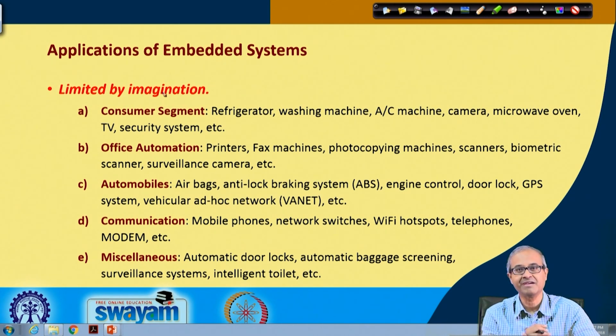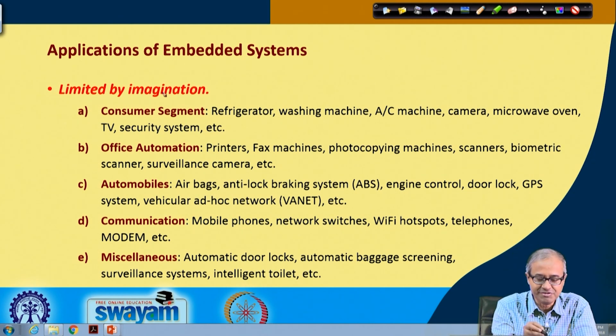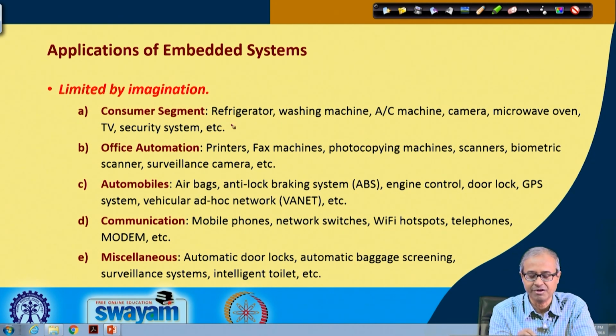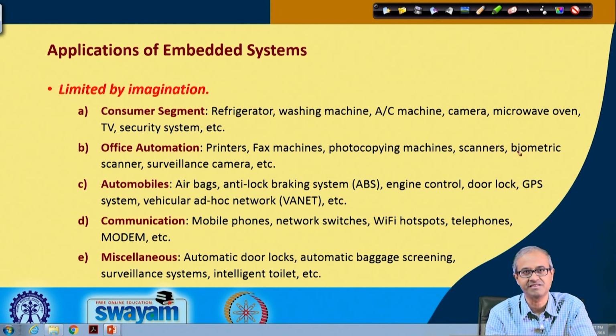You will be carrying those devices along with you. Okay? In the consumer segment, you can think of refrigerator, washing machine, AC machine, camera, TV. These we have already talked about. Now, even in your office, you use printers, fax machines, photocopying machines, scanners, biometric scanners, cameras for surveillance. They are all examples of embedded systems.